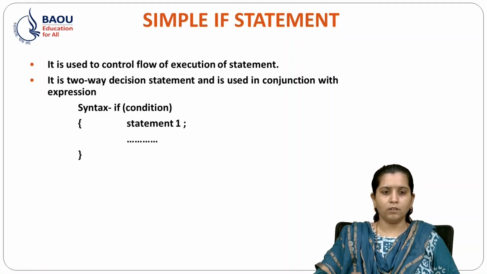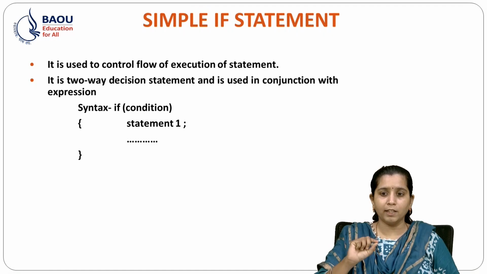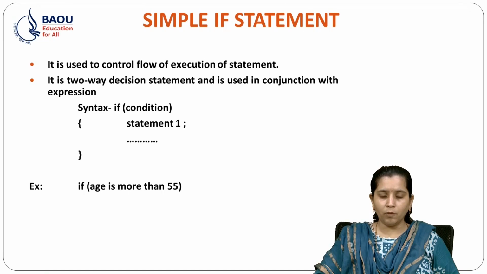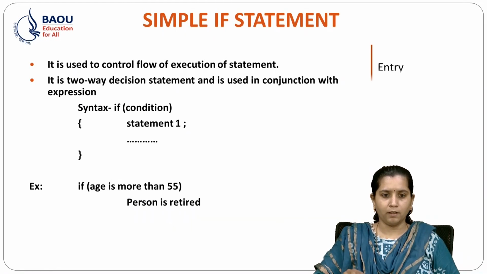That is, first of all, if, that is if is a keyword, and condition which is applicable to the statement, and then the group of statements which are available in if condition will be executed. Let's see one example. If age is more than 55, then person is retired.